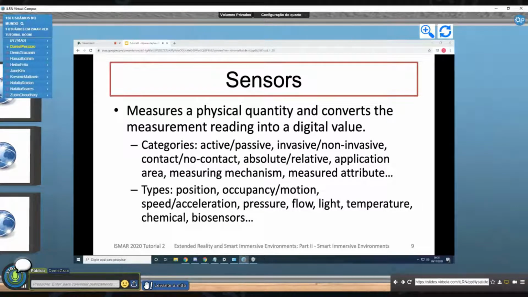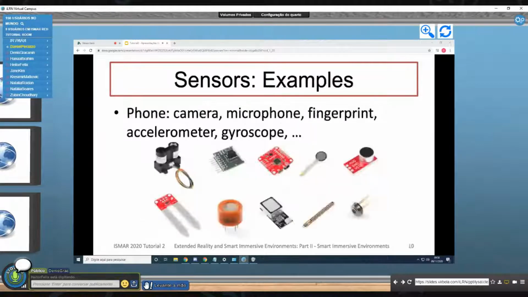When I look at the examples of those sensors, we are really looking at things such as perhaps camera, microphone, fingerprint detector, accelerometer, gyroscope, and here we have example of those devices, and they can range in complexity, data they generate, or physical size, level of programming required, and so on.